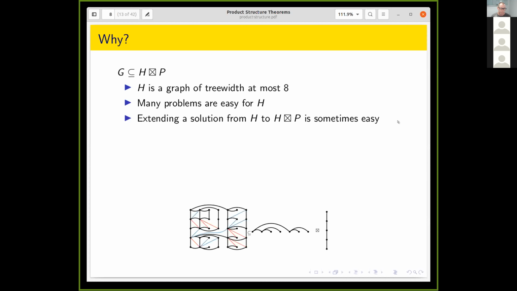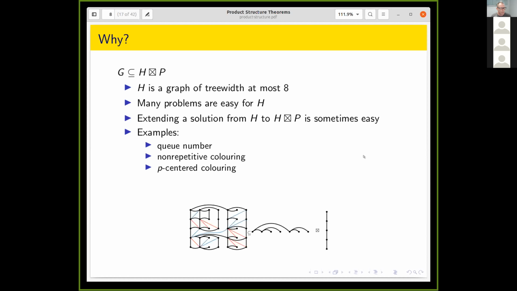And actually, it turns out to be easy enough that this is the critical thing in the solution to a number of long-standing problems. So for example, the queue number of planar graphs we now know is a constant only because of this technique. Non-repetitive coloring of planar graphs: we now also know planar graphs can be non-repetitively colored with a constant number of colors using exactly this technique.